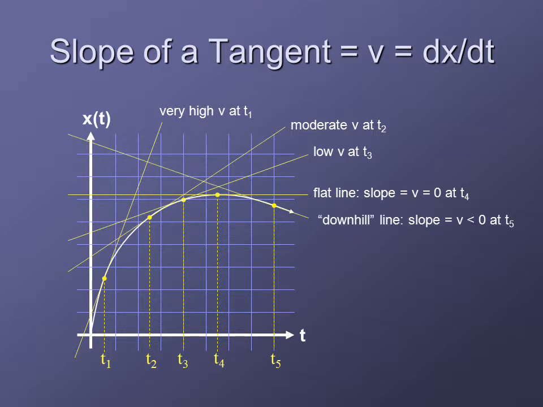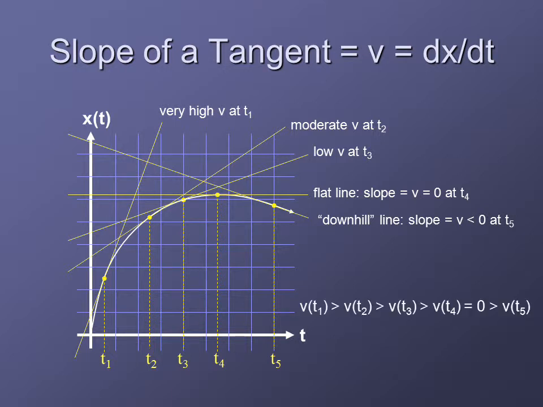And then, once you start getting downhill lines, like you do at T5, that means your slope is negative, because for a positive run, you have a negative rise. So our velocity is going to be negative at T5.